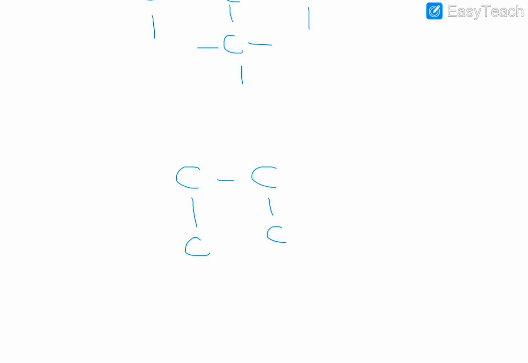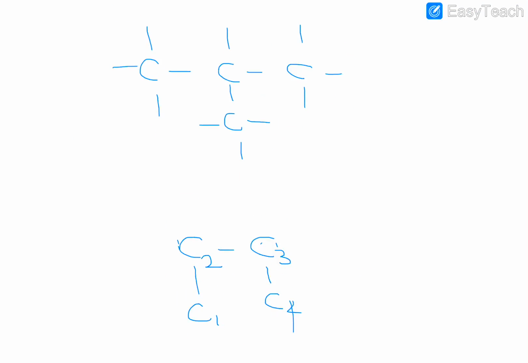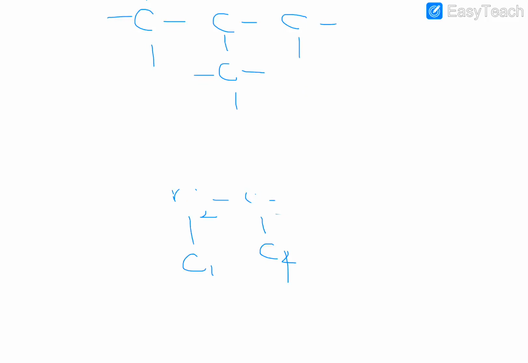They are the same because you see the carbons are linked in the same way. First carbon is linked to second carbon, linked to third carbon, which is linked to the fourth carbon. So it's the same. So this is not an isomer.